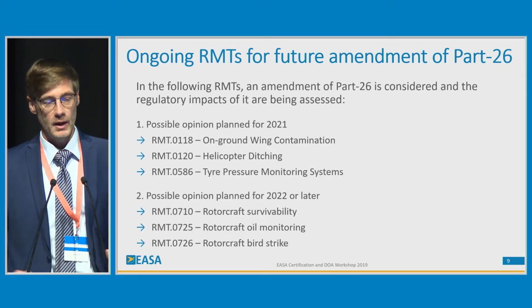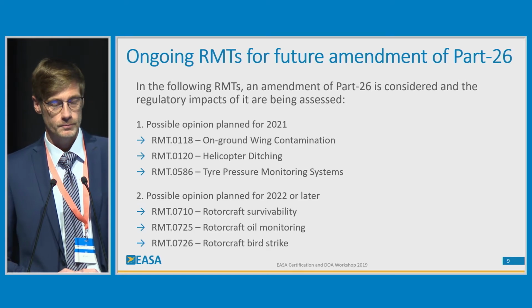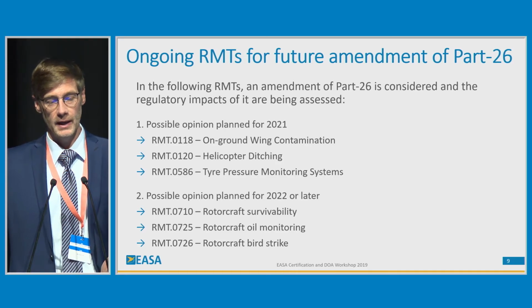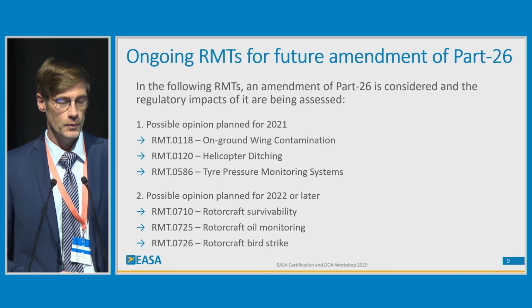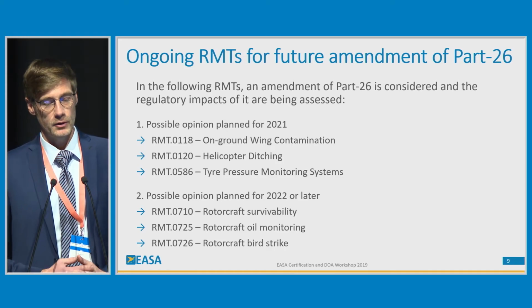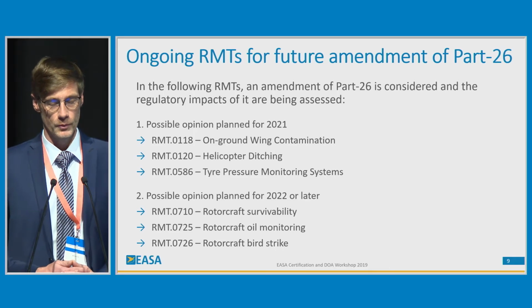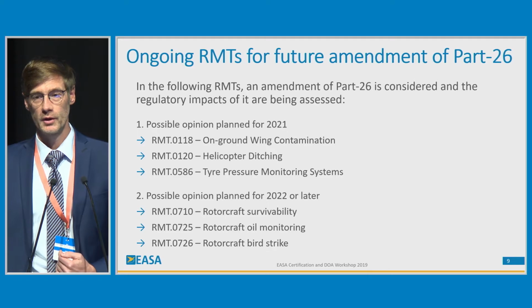In terms of timelines, you can package them in these 2 packages, where in the first package, according to the current planning, we may come up with an opinion in 2021. And for the second package, the timeline for the opinion is beyond 2022. That does mean an adoption maybe a year, 1.5 years later.